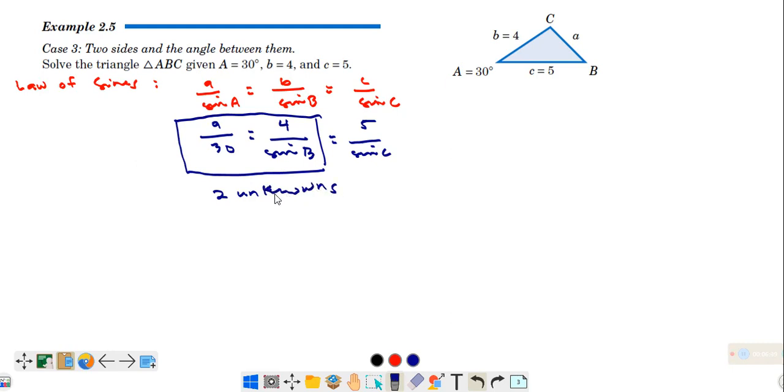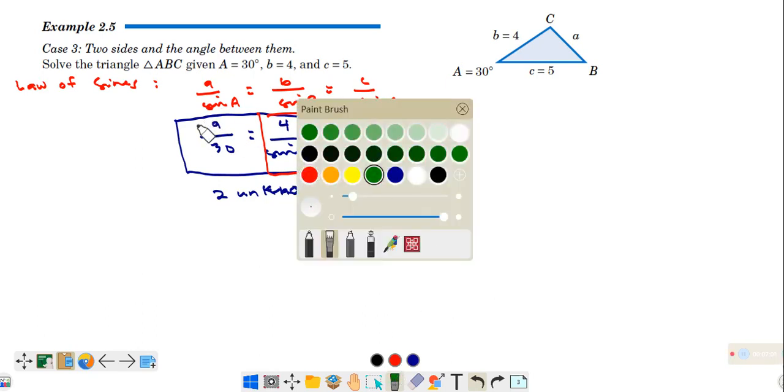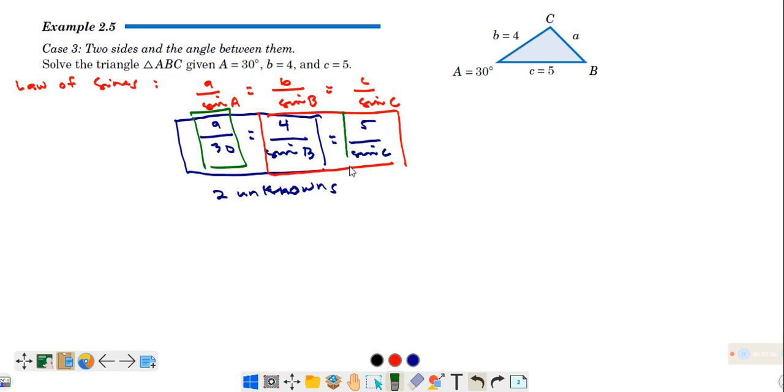Hindi yun pwede. Kasi kapag naghahanap ka ng nawawalang variable, isang unknown lang dapat siya. Kasi kung dalawa silang sabay mong hahanapin, hindi mo yun kaya. Kahit anong pairing yung gamitin mo, kahit ito, nawawala naman si angle B tsaka si angle C simultaneously. Hindi mo rin siya pwedeng gamitin. Paano kung ito at saka ito?